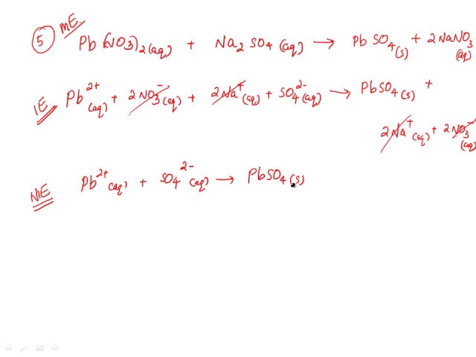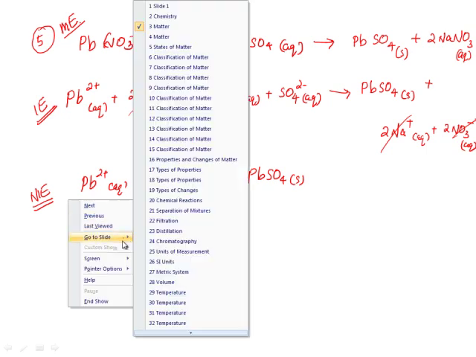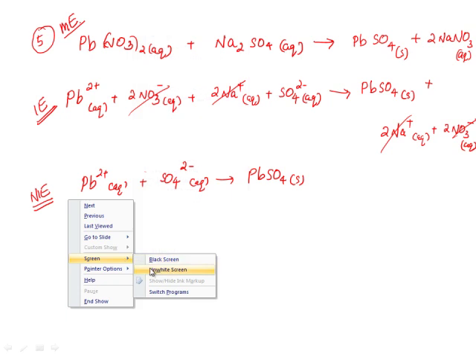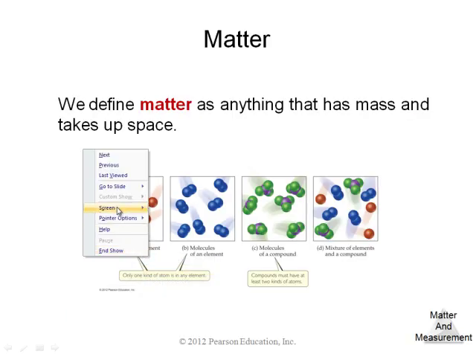Let me pick up a screen and let us do that problem. This is number 6 on your study guide. The question here was 2 Mg plus O2 gives 2 MgO.